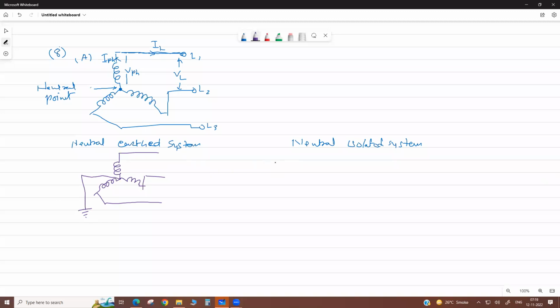But in the neutral isolated system, we keep it isolated, and do not connect it with the ground. So there are advantages and disadvantages of each system.